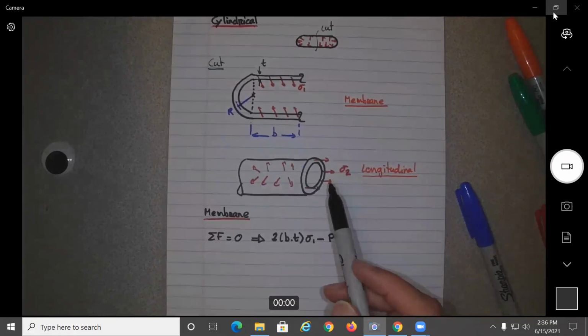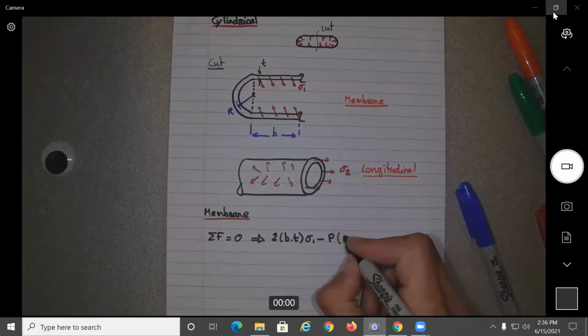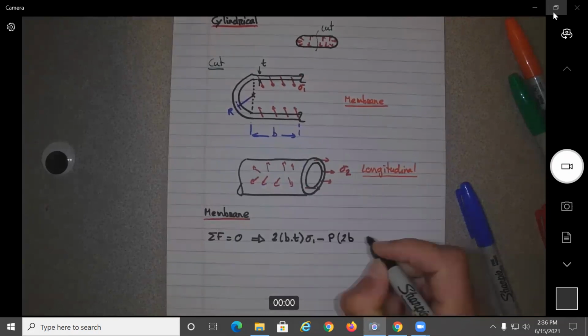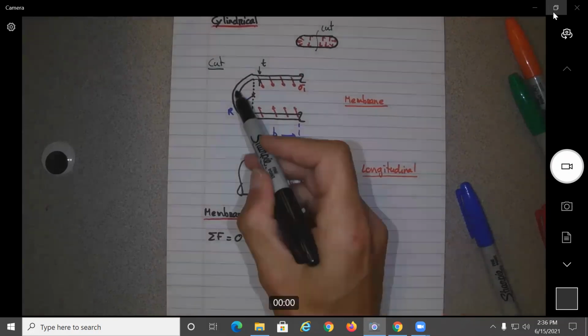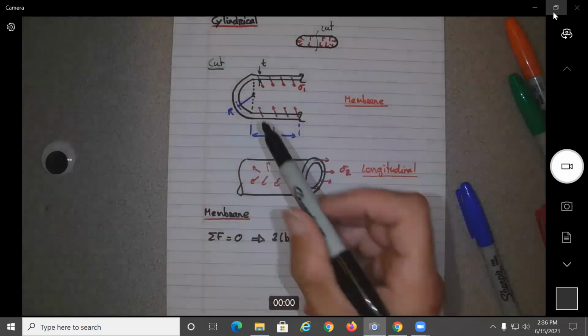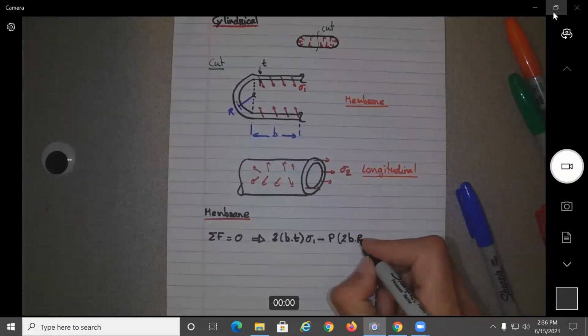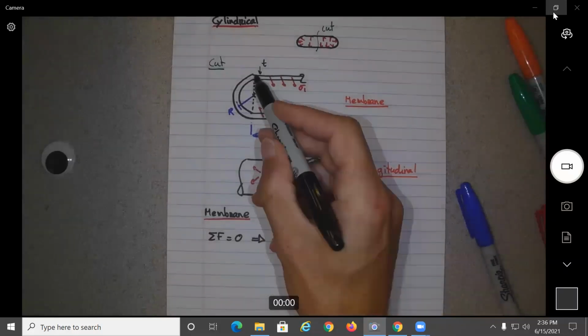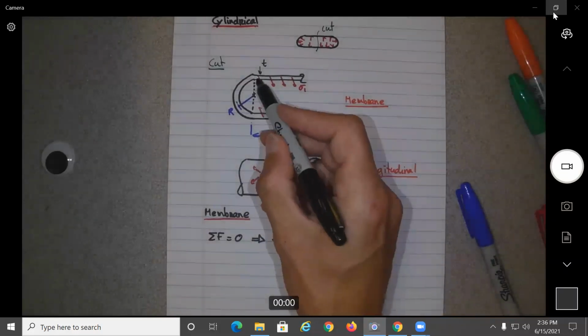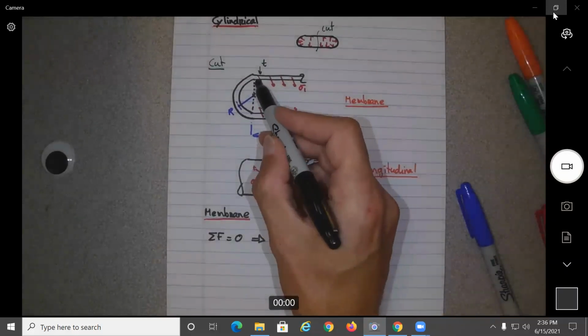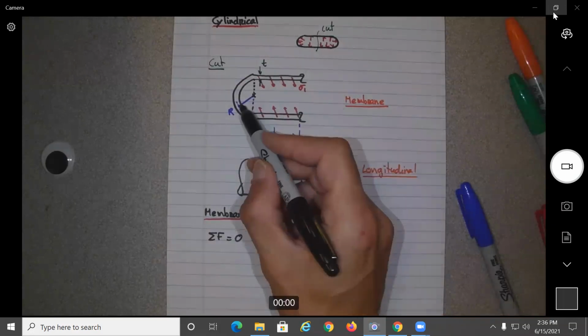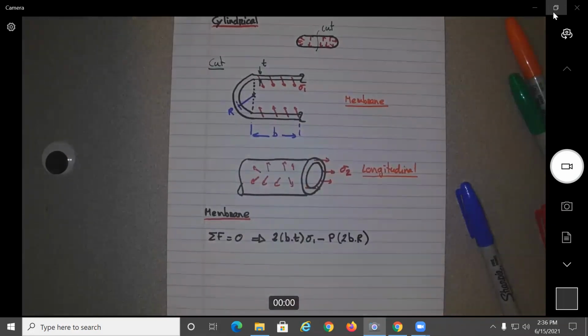what area? Again, this would be 2b times r. So it would be like all this square over here, or if you put 2b times r. And this should be equal to 0.